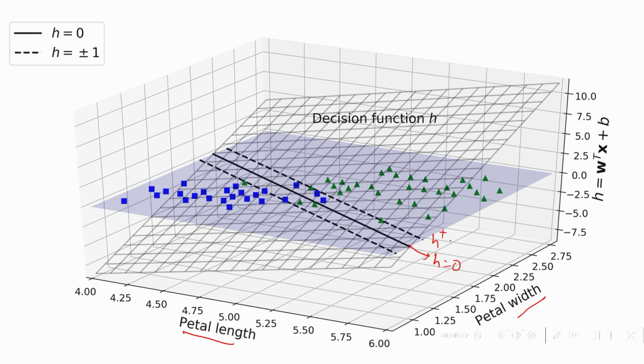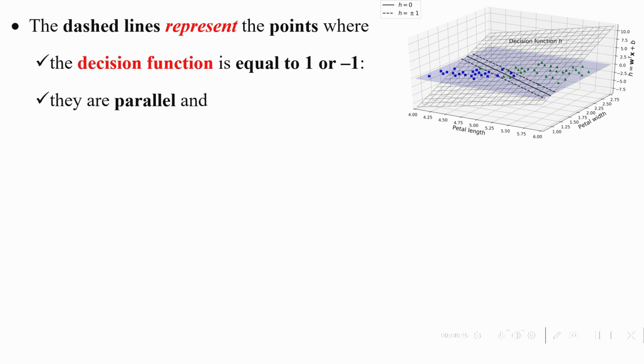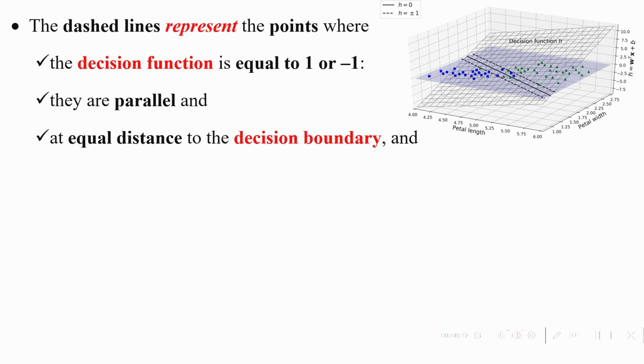This is H plus, these are positive points, and H minus, these are negative points. So like that we are going to divide the data into two parts. Now the dashed lines represent the points where the decision function is equal to plus or minus 1.